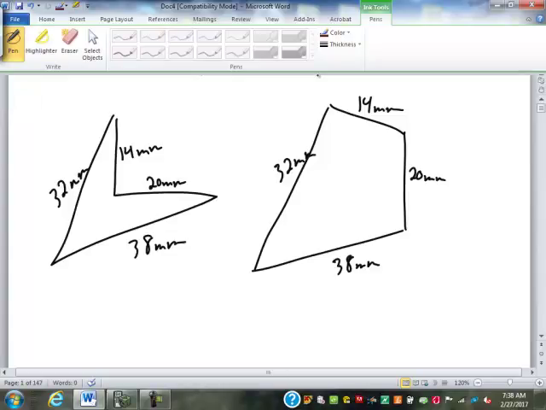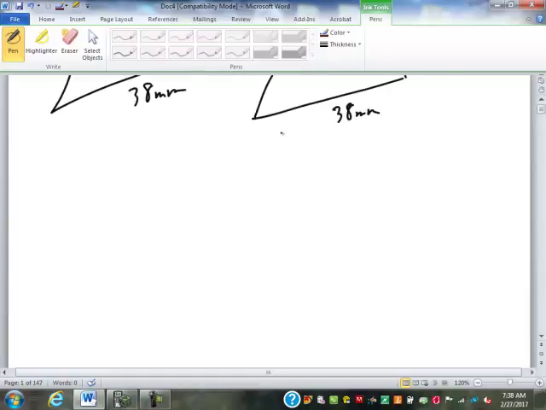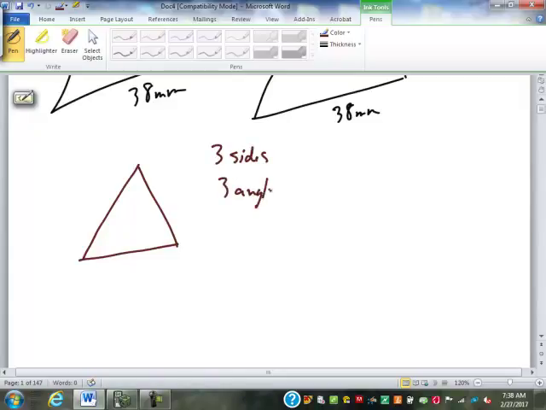There's more than 6 pieces to work with. In triangles, a lot of times all we need is 3 out of those 6 pieces. In a triangle, we have 3 sides and 3 angles. If I know all 3 sides, I can construct a triangle that's identical to that.